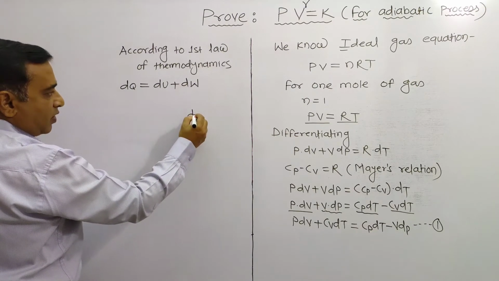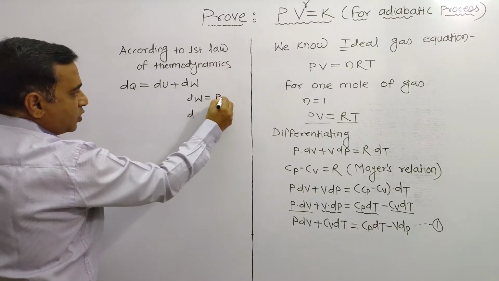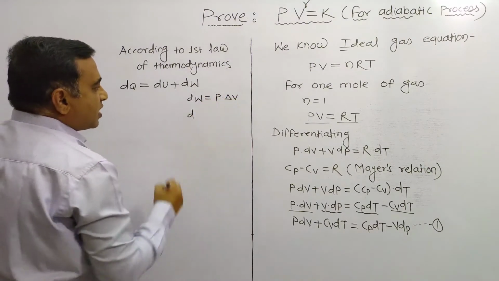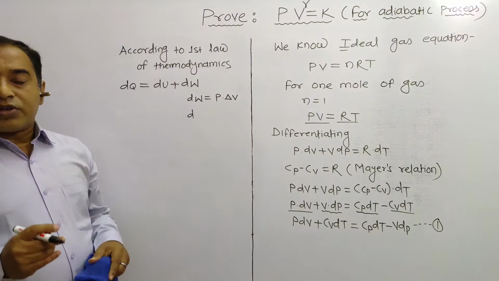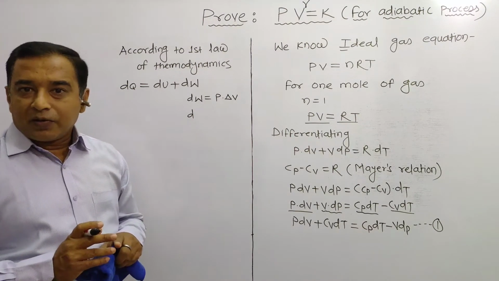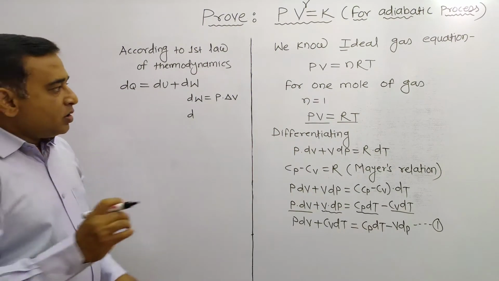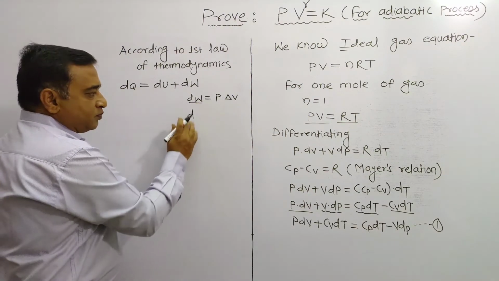So the amount of work done is dW = P dV. Considering the ideal gas equation, if a volume is packed inside the container and I change the pressure, the volume will change accordingly. So this is nothing but the work done.